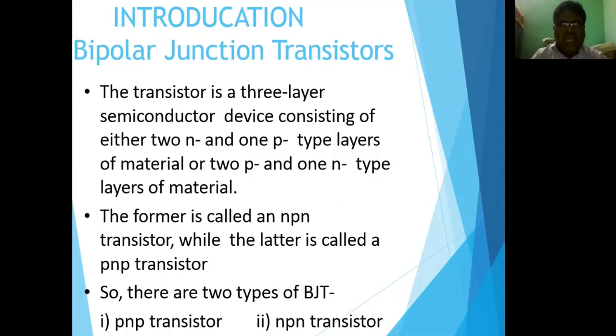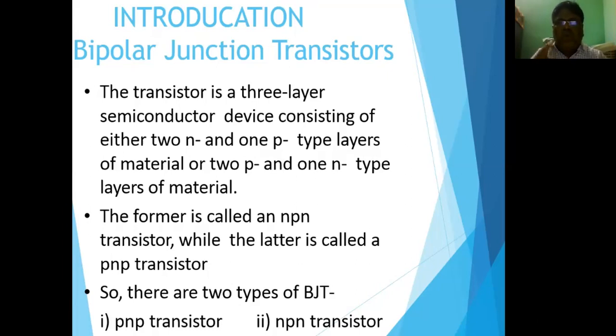So that's why it is either two N-type and one P-type layer of material, or two P-type and one N-type layer of material. The former is called an NPN transistor, while the latter is called a PNP transistor.